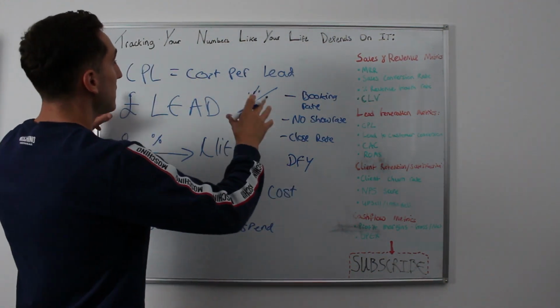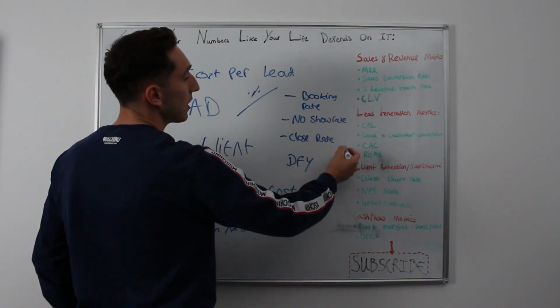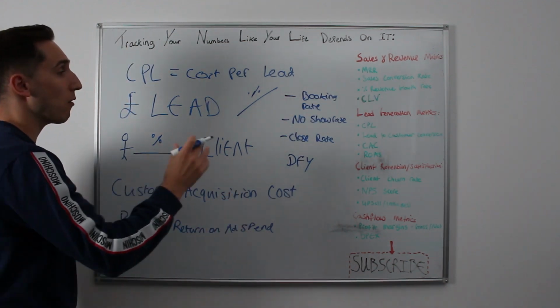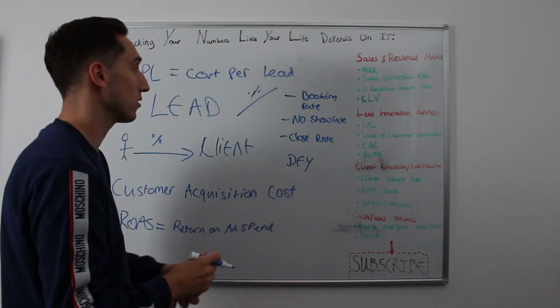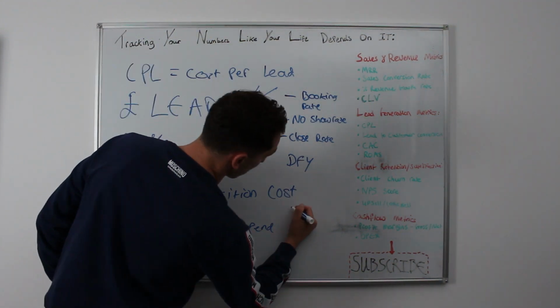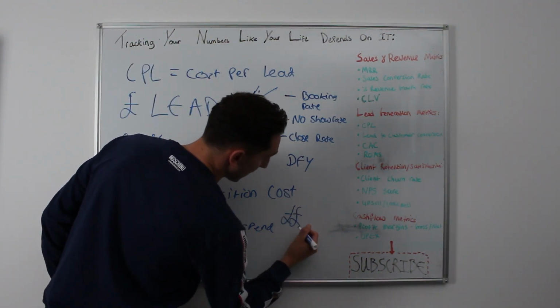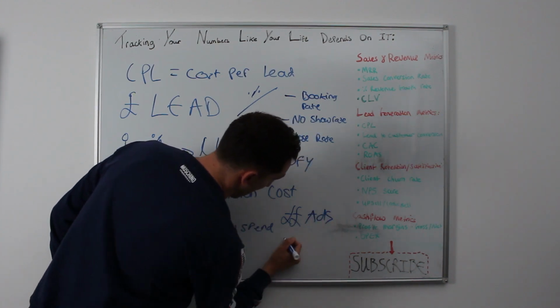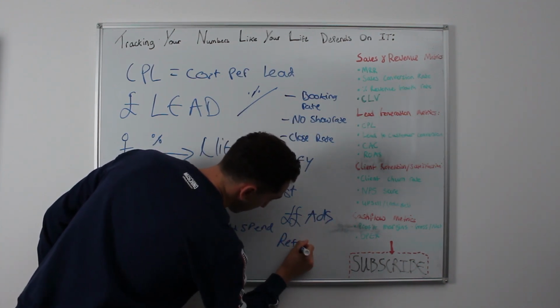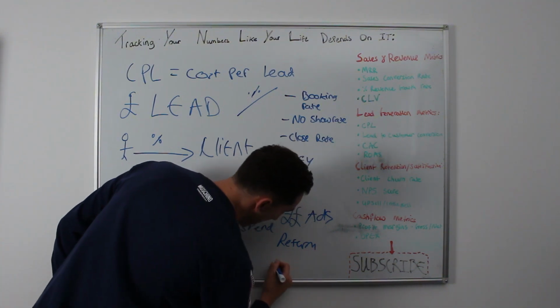However, please make sure that you are tracking these lead generation metrics, because without the metrics, without the data, we are going to very much struggle to scale in the right direction. What can happen is you can be spending too much money on ads and you're not getting the return. And then you're in a negative.